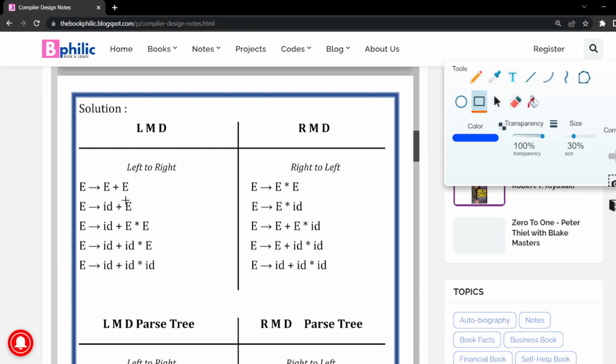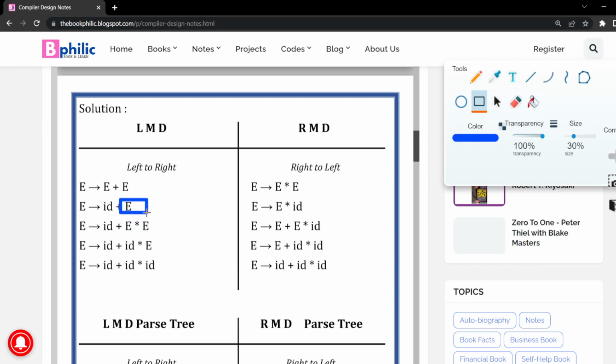Now we are deriving this capital E into E star E. Why are we going to do it like this? You might have some questions regarding this, why we start with capital E derives E star E. Let us make you understand.